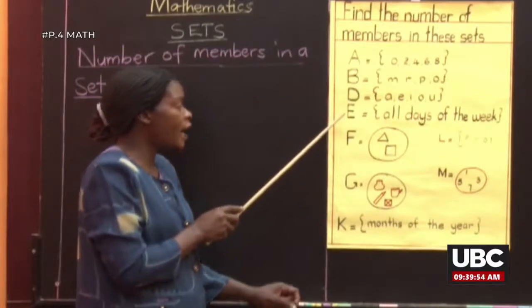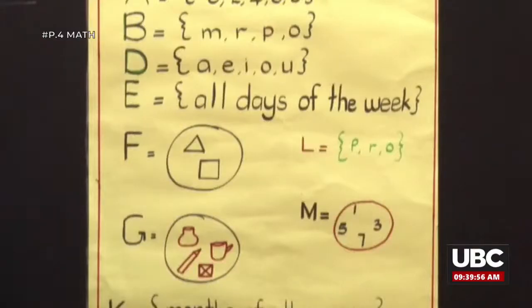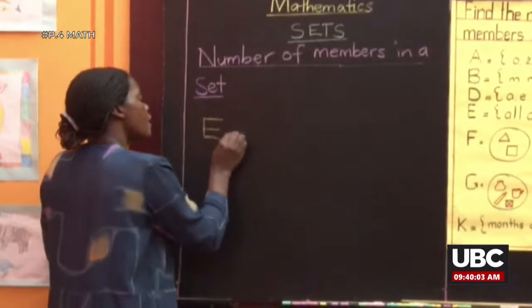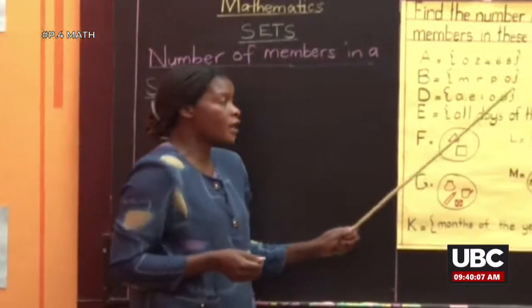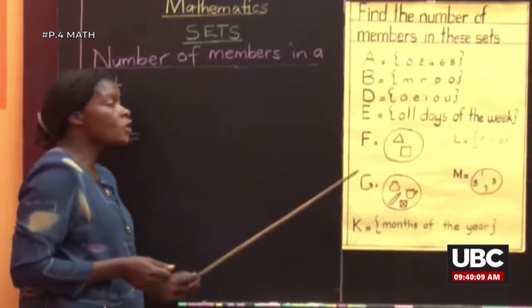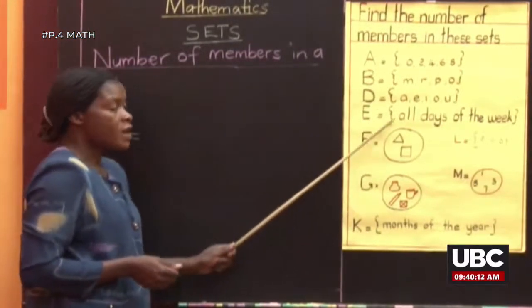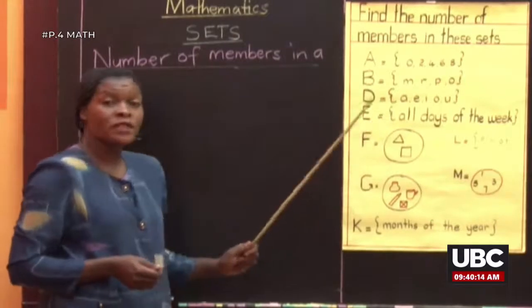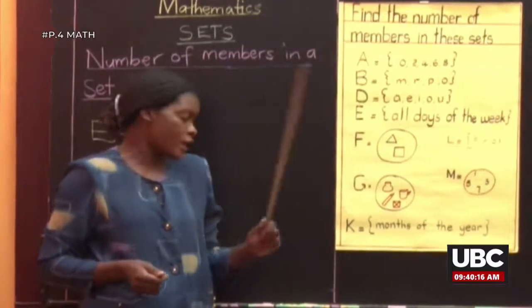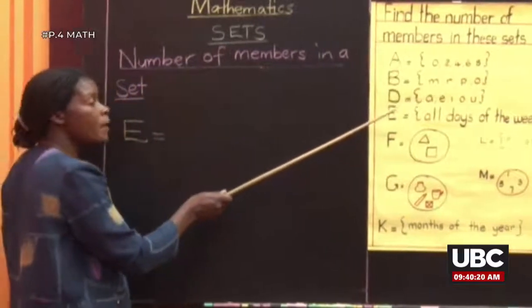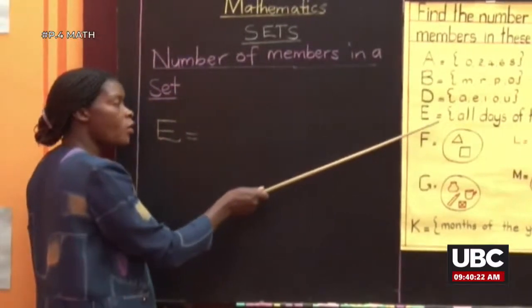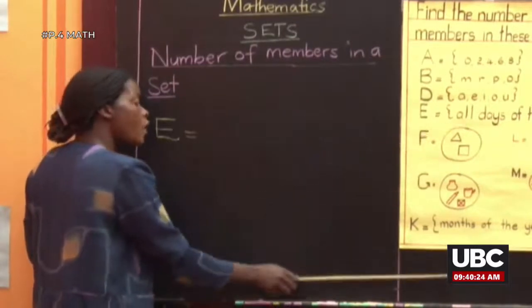Other sets are clear, but look at set E in particular. Set E has all days of the week. What are those days? Remember, we have 7 days in a week.